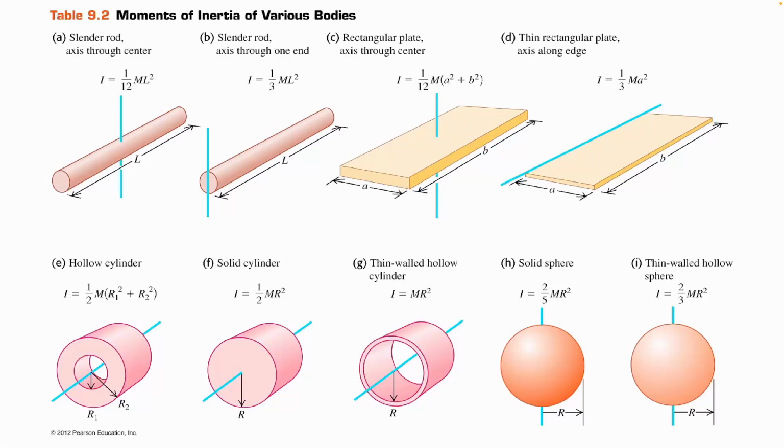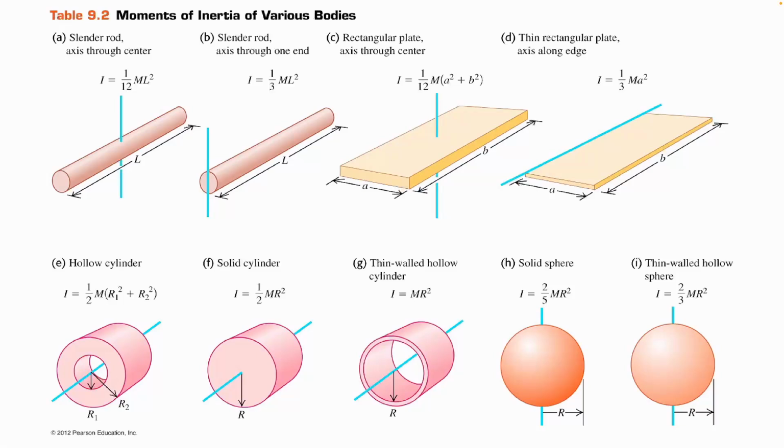Where is this on the screen? It's not C or D. I know you want it to be C or D because it's flat, but it's not. C would be like this, an axis through the center. I kind of did this, which is very similar, but that's not quite it.